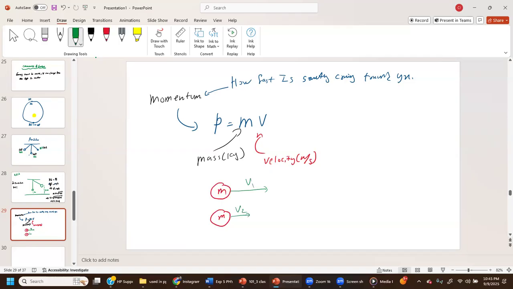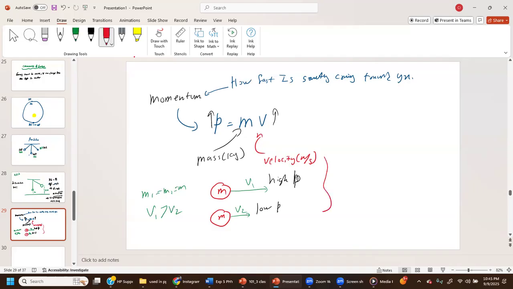So basically m1 equals m2, which equals m, but your velocity 1 is bigger than velocity 2, which means that according to p equals mv, more velocity, more momentum. That means there's going to be high momentum, and this one's going to be low momentum.